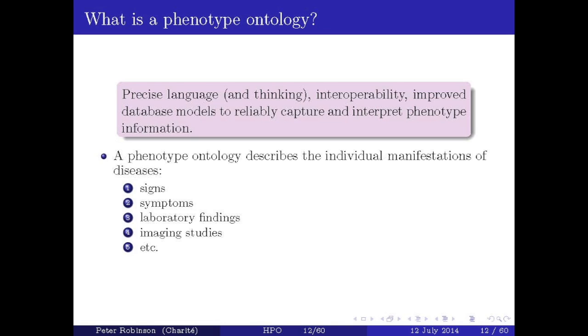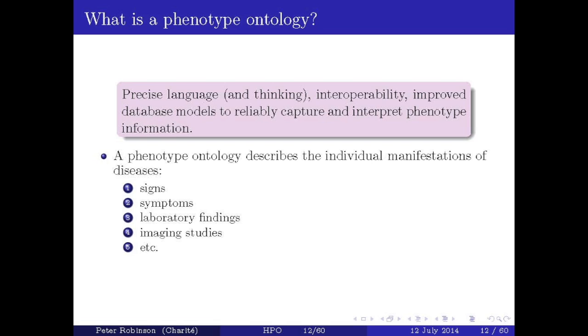Okay, so what is a phenotype ontology? Well, phenotype in biology means things you observe. In medicine, it almost always means things that you observe and they're abnormal. And that's how we're using this word. So it could be a sign, something a physician observes or hears with a stethoscope. A symptom is something a patient complains about.